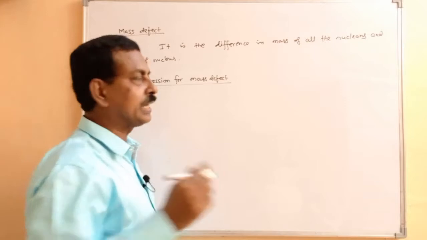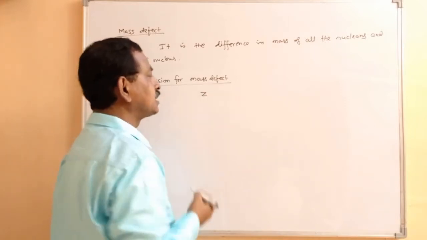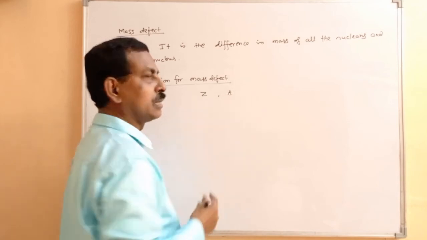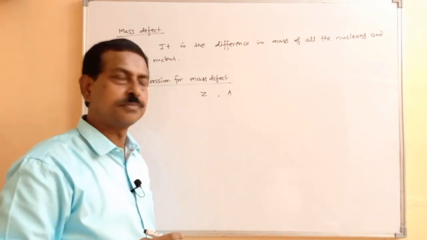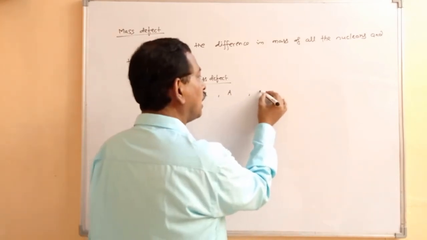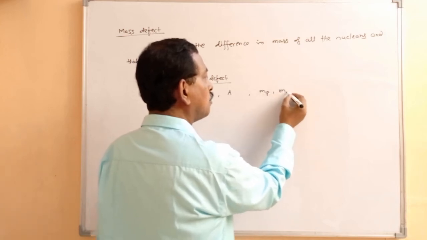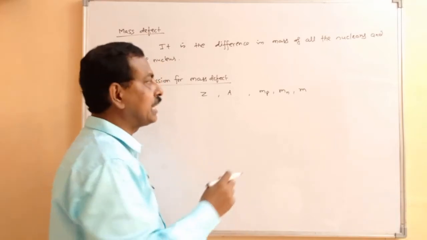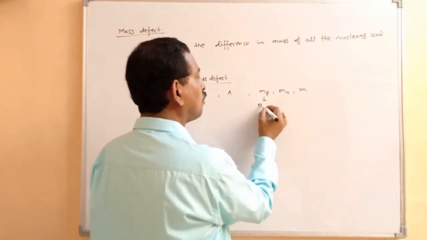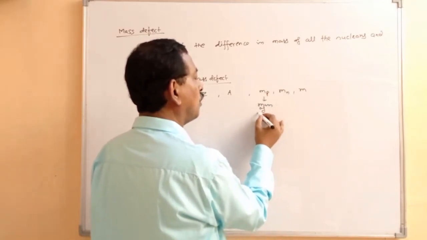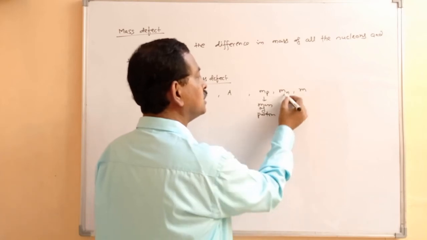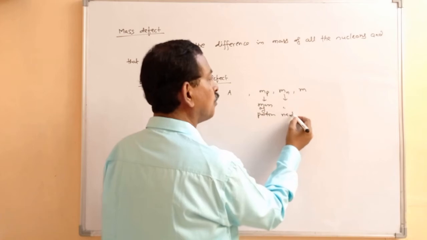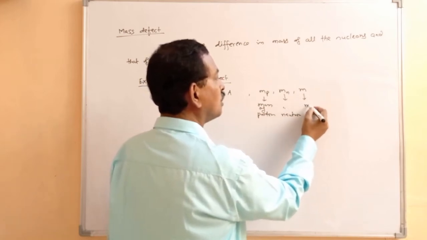Suppose we take that Z is the atomic number and A is the mass number, whereas Mp, Mn and M we take as the mass of the proton, the mass of the neutron, and the mass of the nucleus.